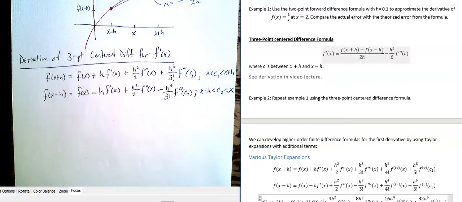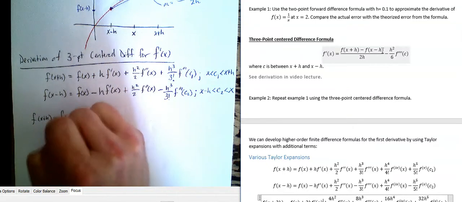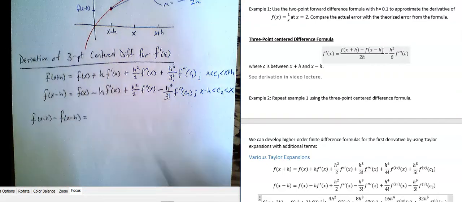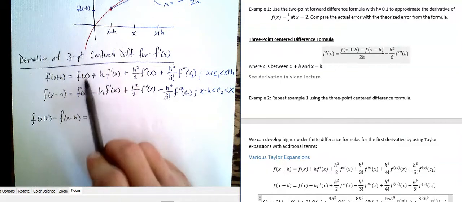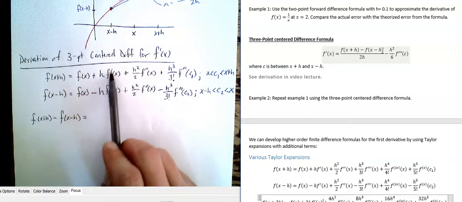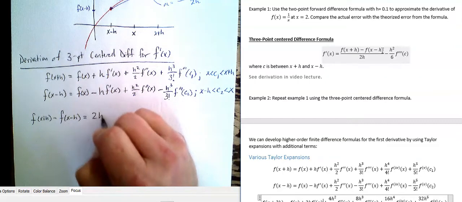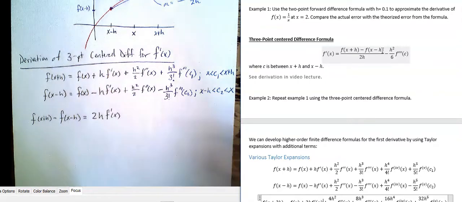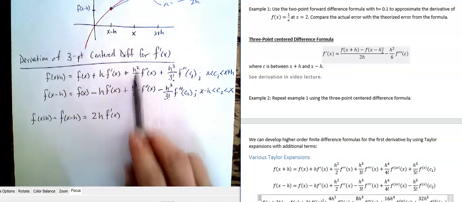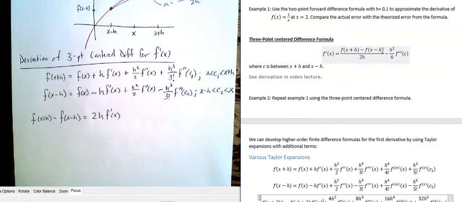All right, so let's see what we get. Let's look at f of x plus h minus f of x minus h. What's that going to be? Here we're going to take this term minus this term. So f of x, take away f of x is 0. h f prime minus negative h f prime will give us 2h f prime. h squared over 2 f double prime minus h squared over 2 f double prime is 0, so those go away.